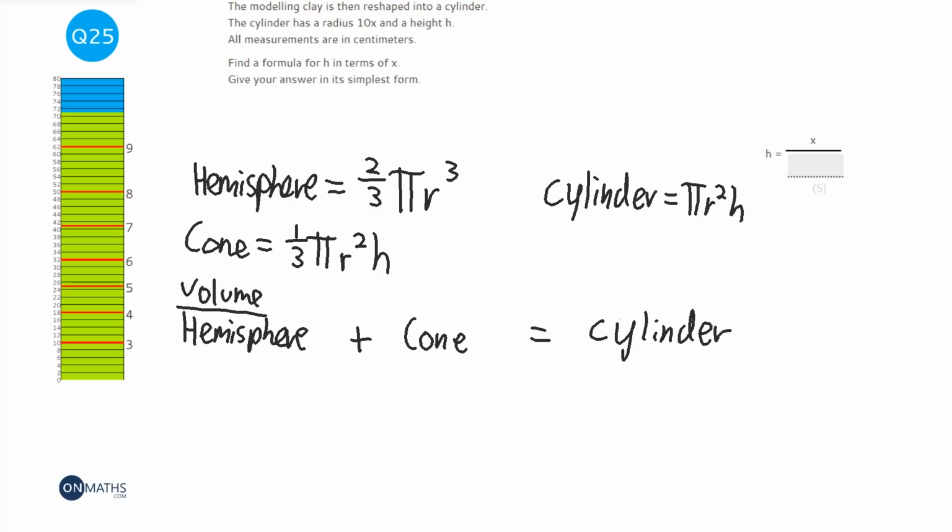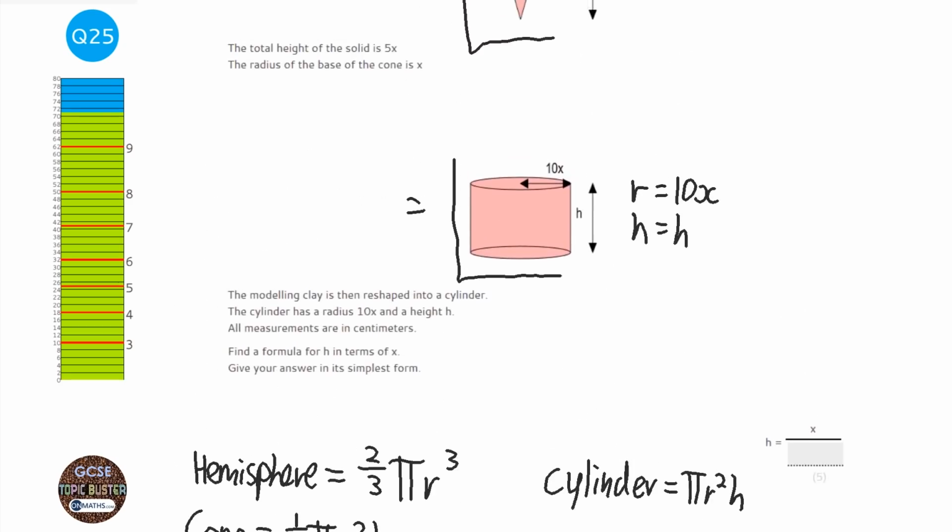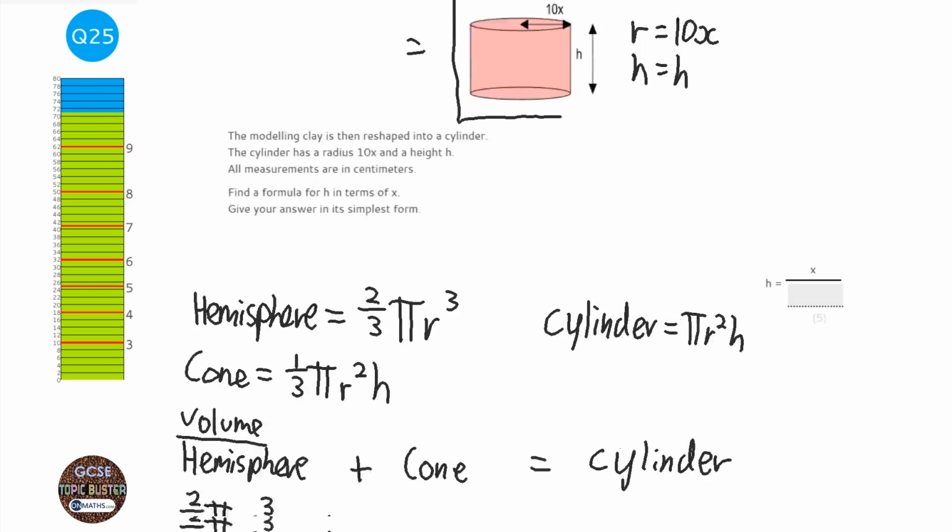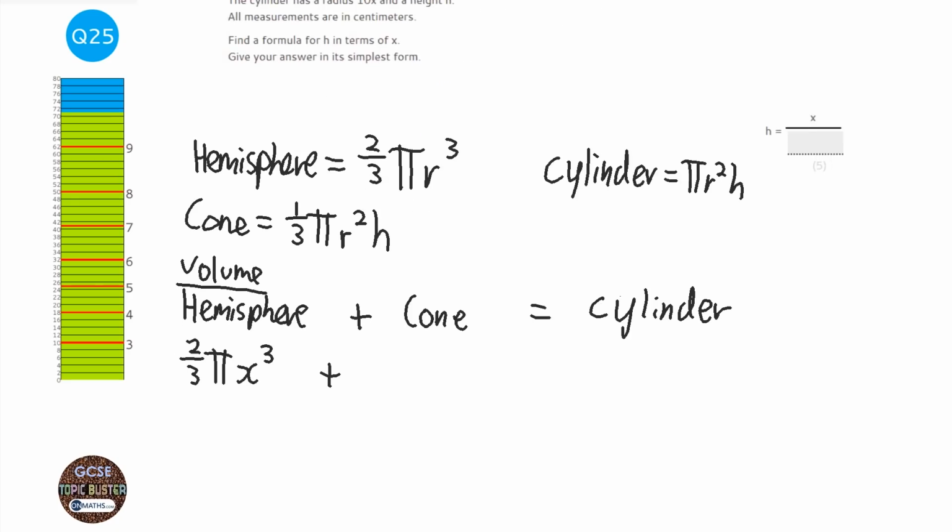So hemisphere is 2/3 pi, and we said that x was the radius, so x cubed. Brilliant. So plus the cone. Now, what did we say the height of the cone was? We said the height of the cone was 4x. So it's going to be 1/3 pi x squared, because the radius is x, and is it 4x?